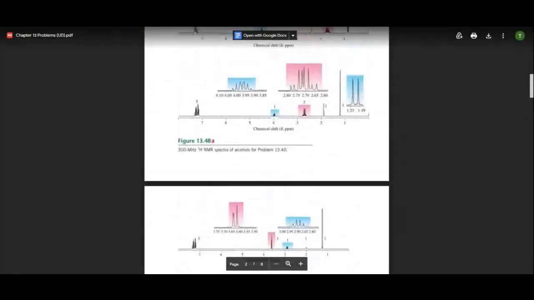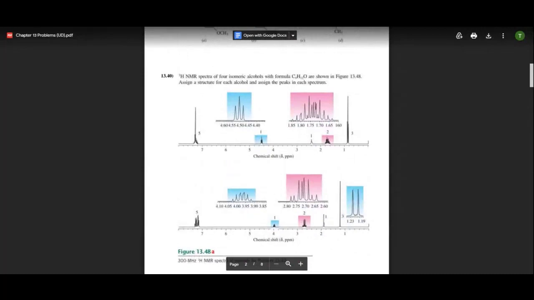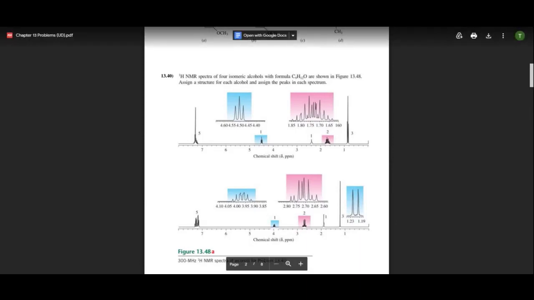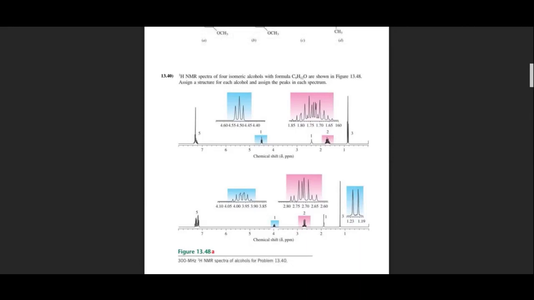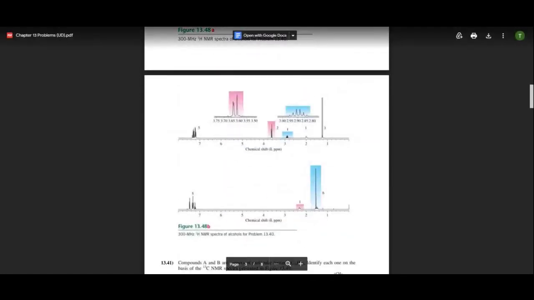So here we go. There's this question here, which is kind of interesting. It says, H NMR spectra of 4 isomeric alcohols, each with the formula C9H12O, are shown in figure 13.48. So this is 1 alcohol, 2 alcohols, 3 alcohols, 4 alcohols.